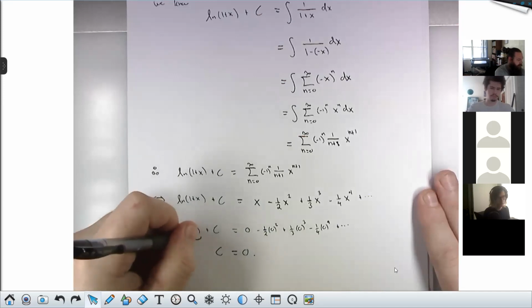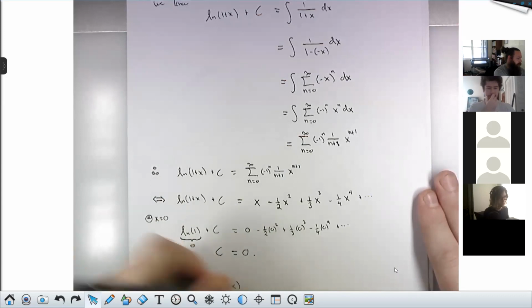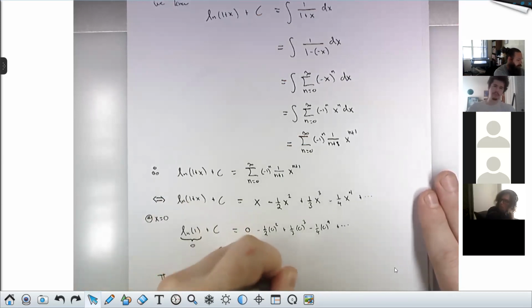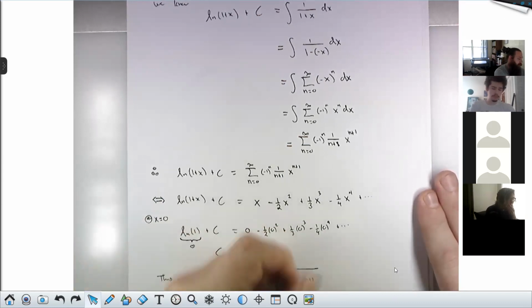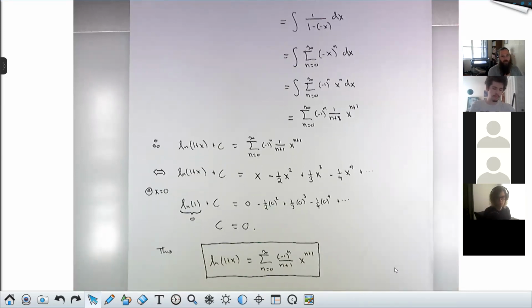Because remember, the ln of 1 is 0. Thus, we arrive at the ln of 1 plus x equals sigma n from 0 to infinity of negative 1 to the n over n plus 1 times x to the n plus 1. So this is my power series for the natural log of 1 plus x.